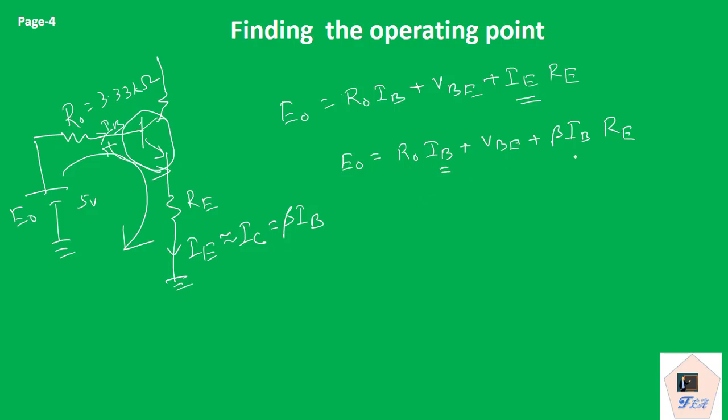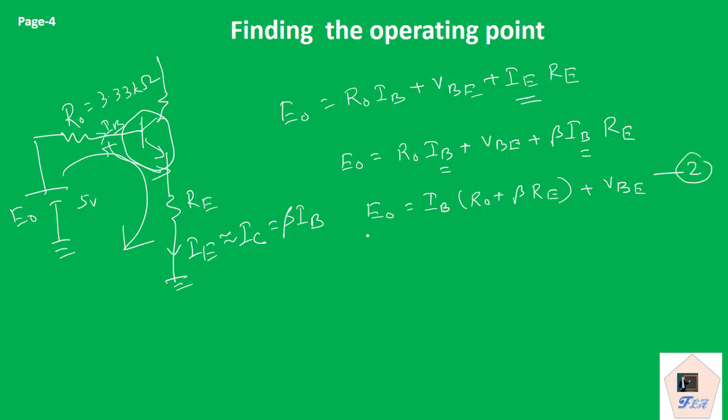So you can take IB common. We are getting E naught is equal to IB into R naught plus beta RE, plus VBE. So this is giving me the input equation.